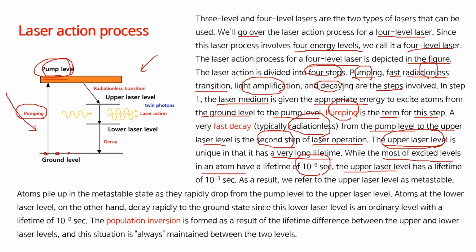The upper laser level has a lifetime of 10 to the minus 3 seconds. So the upper laser level has a lifetime about 10 to the 5 times more than that in ordinary excited states. As a result, we refer to the upper laser level as metastable. So this upper laser level is a metastable state.